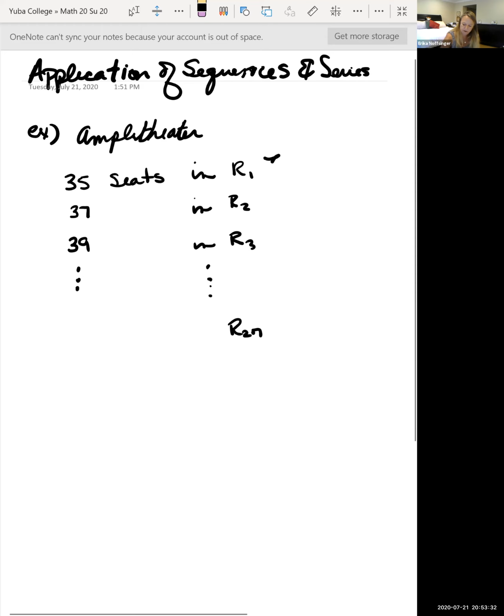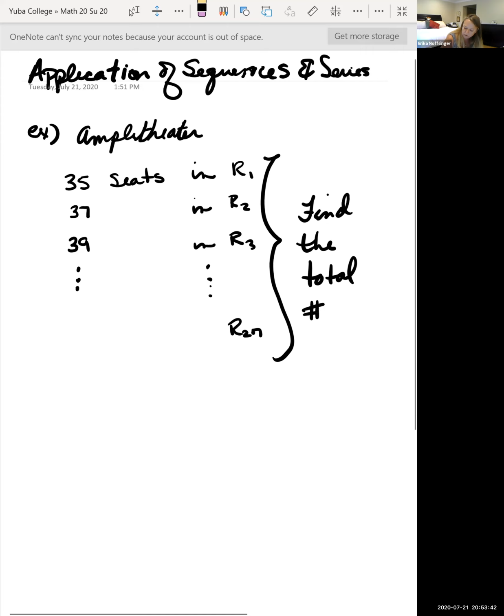And we want to find the total number of seats the amphitheater holds.